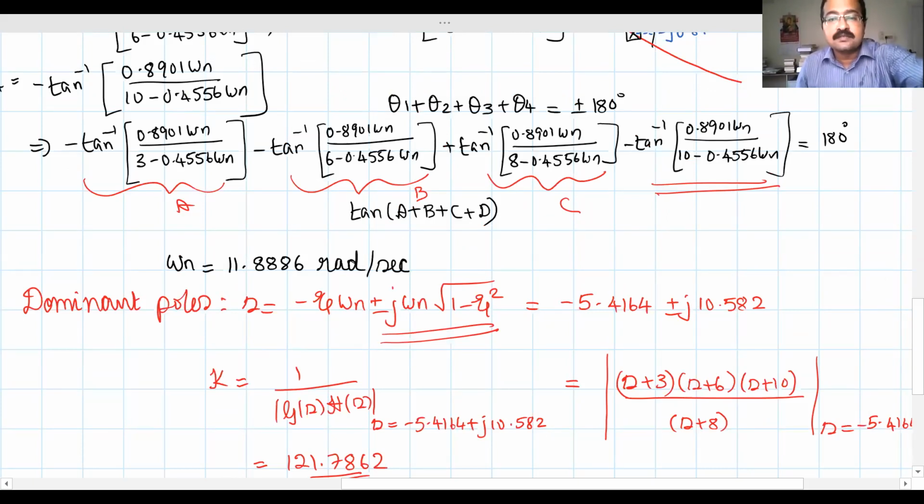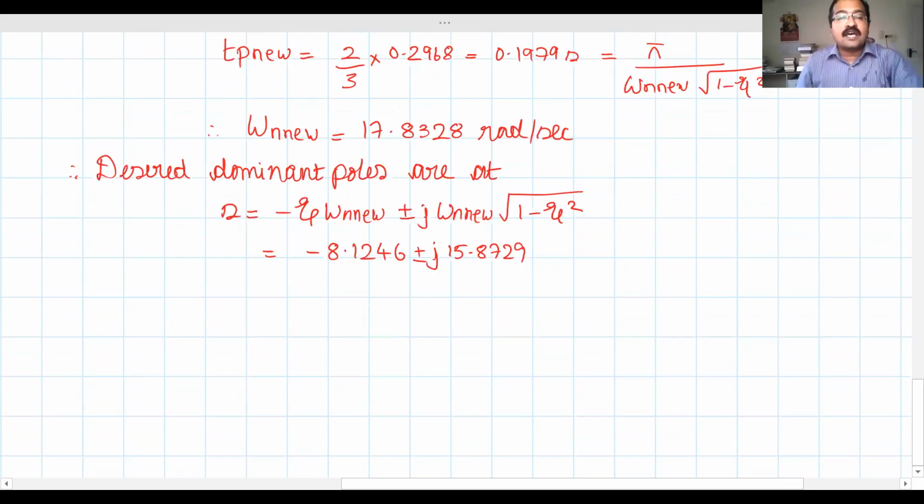So that means root locus has to be reshaped. Okay, this is the desired dominant pole, right? But right now root locus does not pass through this desired dominant pole. We have to force the root locus to pass through this desired dominant pole. How? By placing a PD compensator. Okay, so a PD compensator will add a zero so that root locus is reshaped and passes through this particular desired dominant pole.